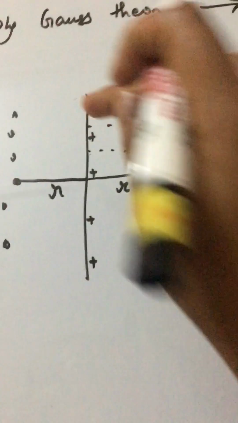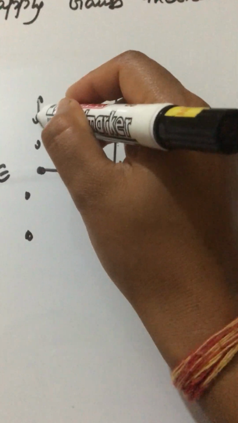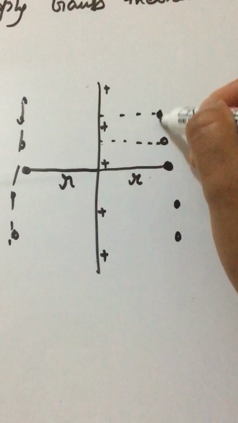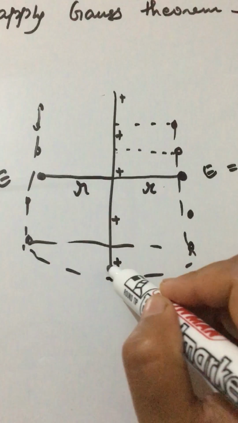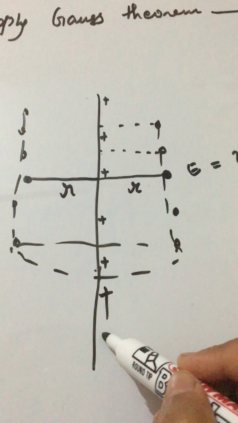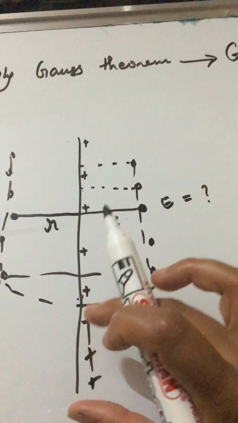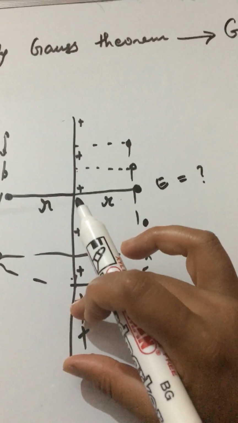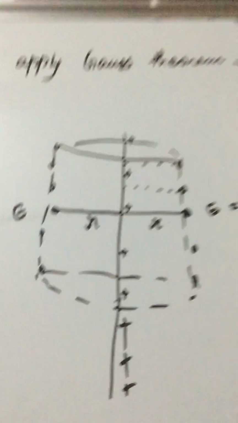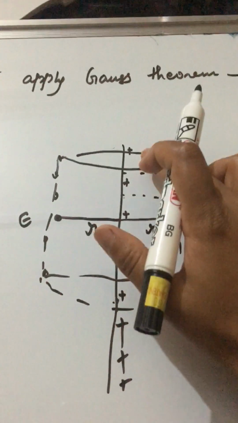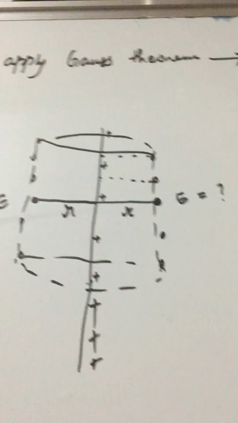Now if we join these, I'm doing the construction. Let's say it is of uniform charge density, meaning the charge per unit length is the same. So what type of surface do we get? We get a cylinder, right?